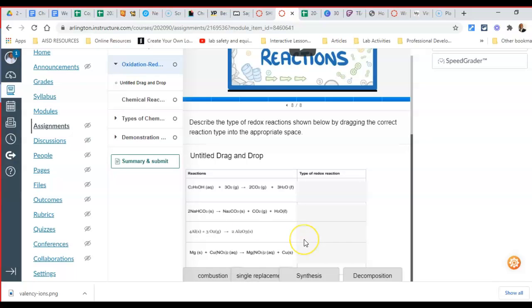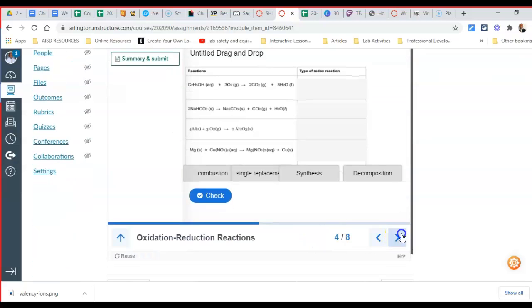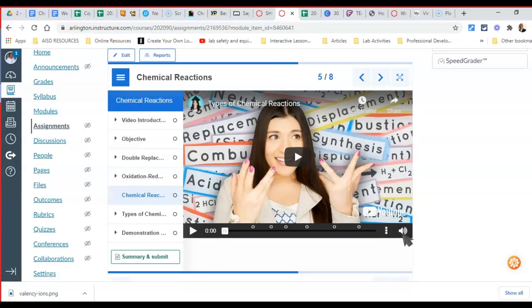Now, once you're done with this, the next screen has to do with summarizing all the 6 types of chemical reactions. So the 6 types are acid base, precipitation, synthesis, single replacement, decomposition, as well as combustion reaction.